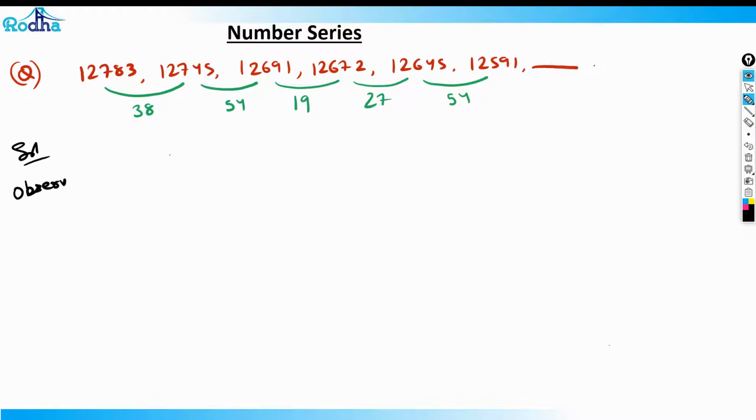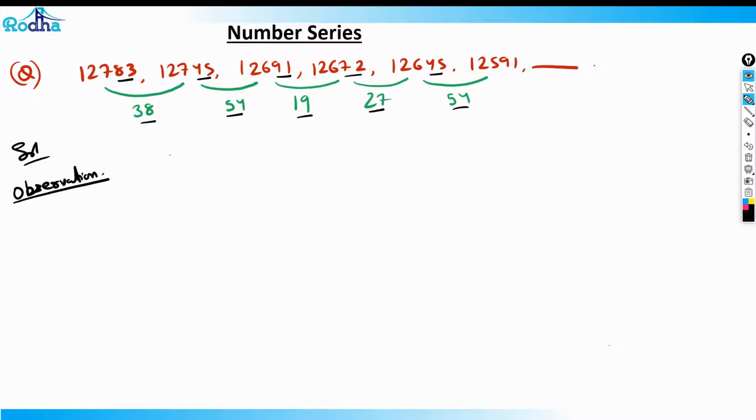Okay, a beautiful series actually. Observation based series. 83, 38, reverse. 45, 54, reverse. 91, 19, reverse. 72, 27, reverse. 45, 54, reverse.